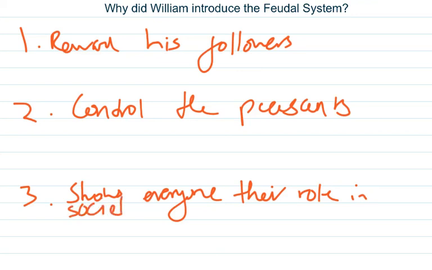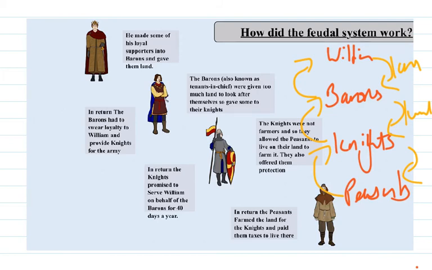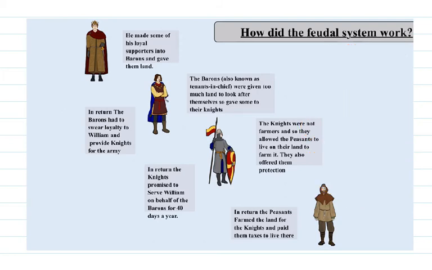You had no confusion as to whereabouts you sat in the Norman feudal system. So no peasant's going to get ideas above his station and think, I'm going to challenge a baron, or challenge the king, or challenge a knight. He knows what his job is. His job is to farm and to pay taxes.